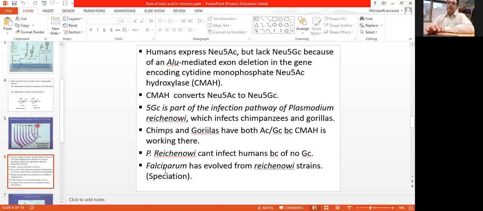So this particular pressure was exerted on the human population, which was expanding with time, as compared to other species. It has grown over time.